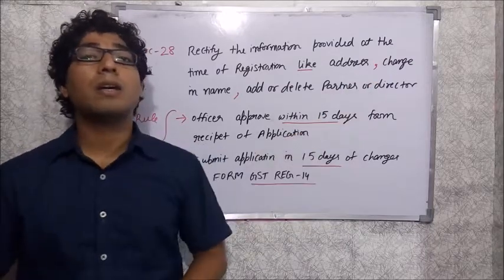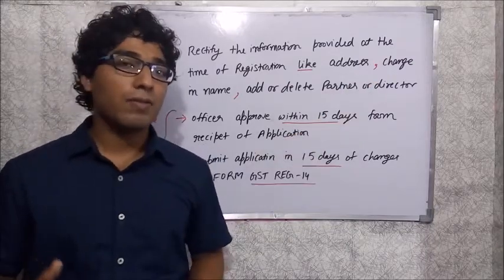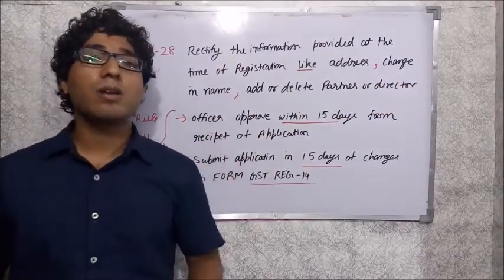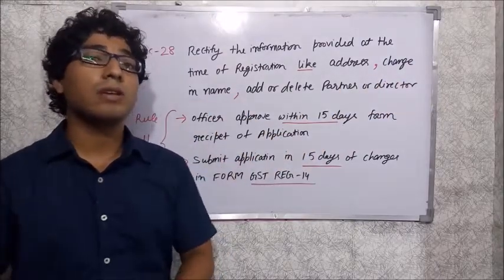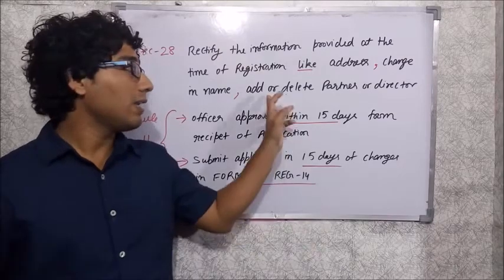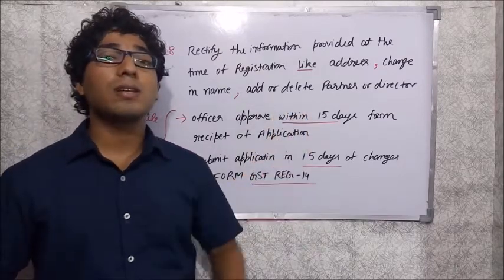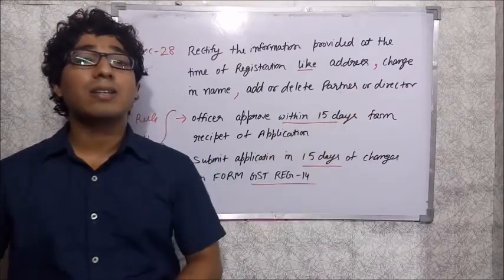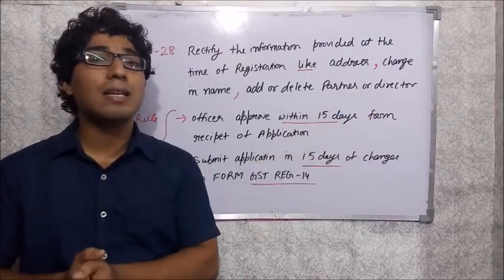Suppose you have a change in the address, then you can rectify it, and likewise a change in the name of the company, firm, individual, etc. If you want to change the name, or add or delete a person like the managing director, partners and trustees, etc., you can easily do it.